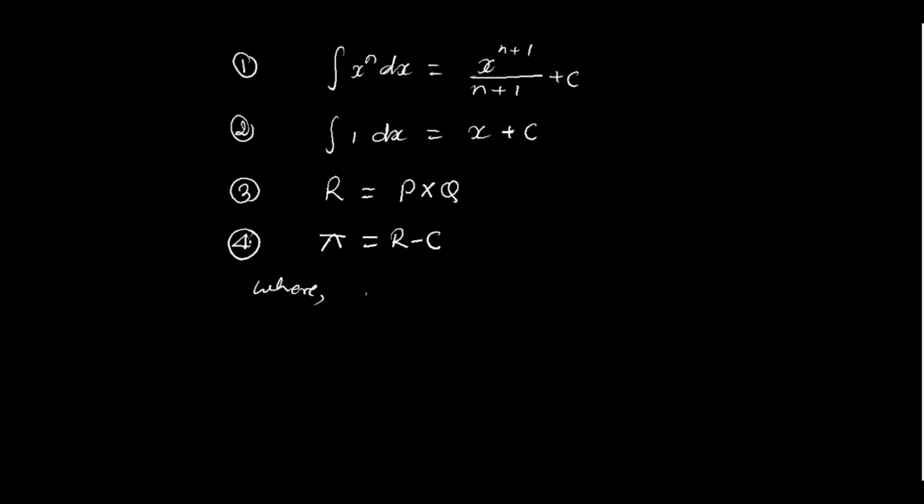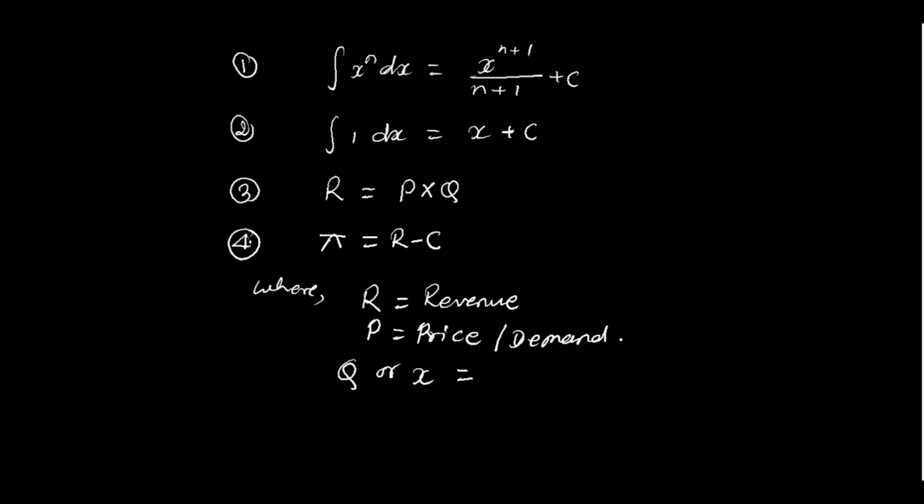letters R, P, Q, pi, C is as follows. R represents revenue, P represents price or demand, Q or X represents the quantity or output.